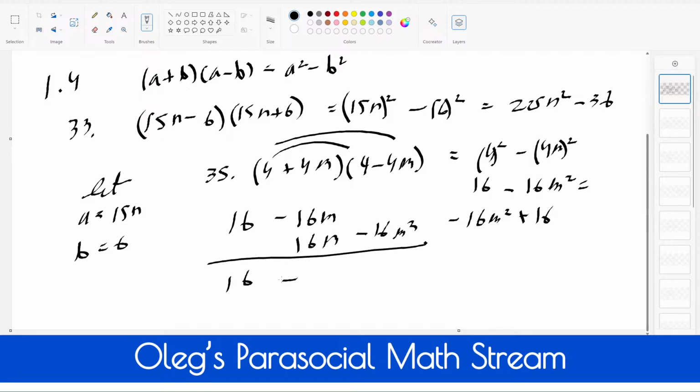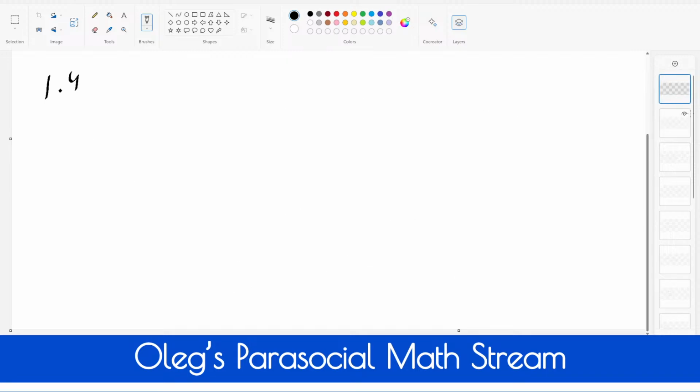That's 16 minus 16m squared, which is equal to negative 16m squared plus 16. Writing it in order. 35. Yep. All right. So far, so good. Continuing on.